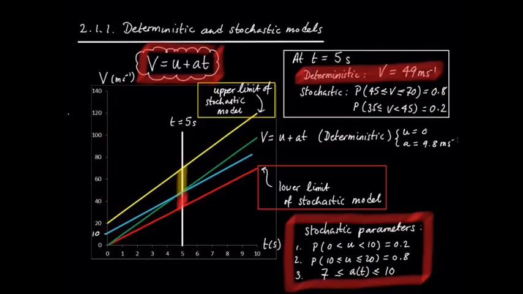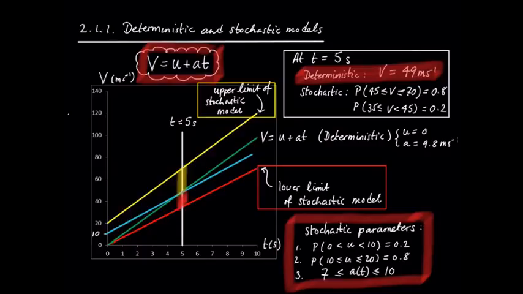So instead of getting a nice straight line, as we did with the deterministic model, we will get an envelope of solutions with different probabilities. And the upper limit of the stochastic model is given by the yellow line in the figure, and the lower limit is given by the red line.